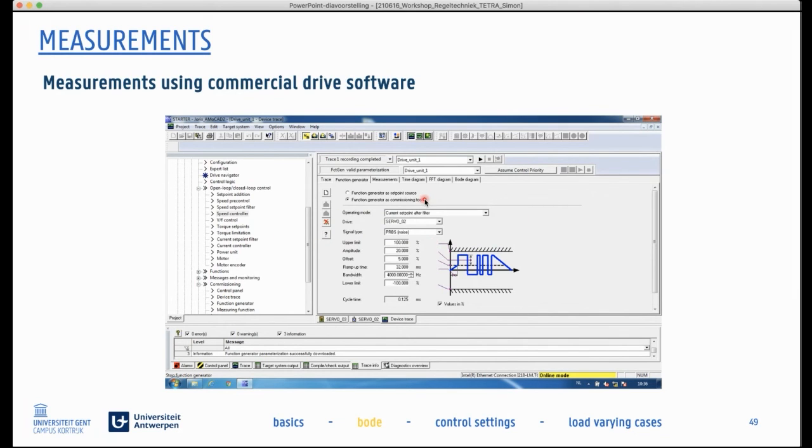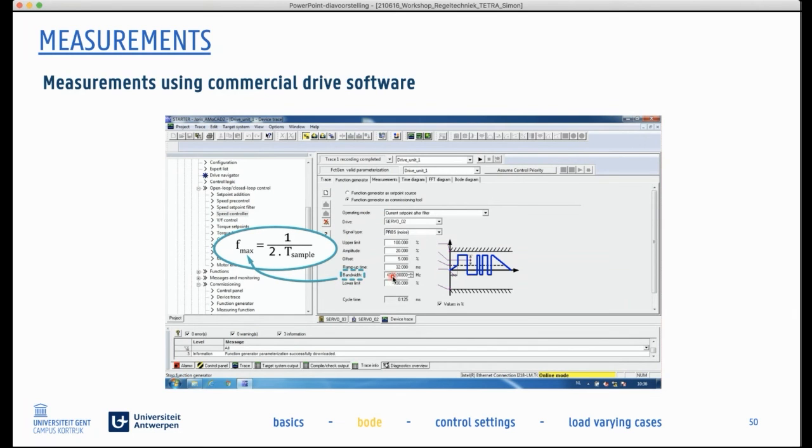For that purpose, you will need to go to the device trace panel, and there you have the function generator. You need to define the PRBS because you need to put in high frequency noise. Not only that, you also have to play with the bandwidth of that noise, and the bandwidth is defined by the sample time.